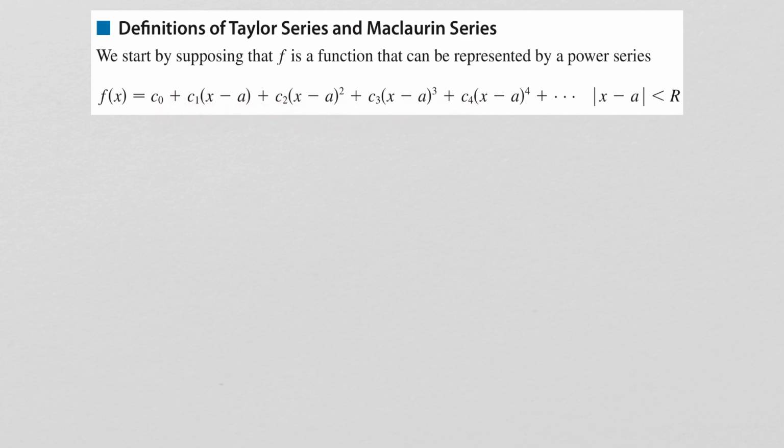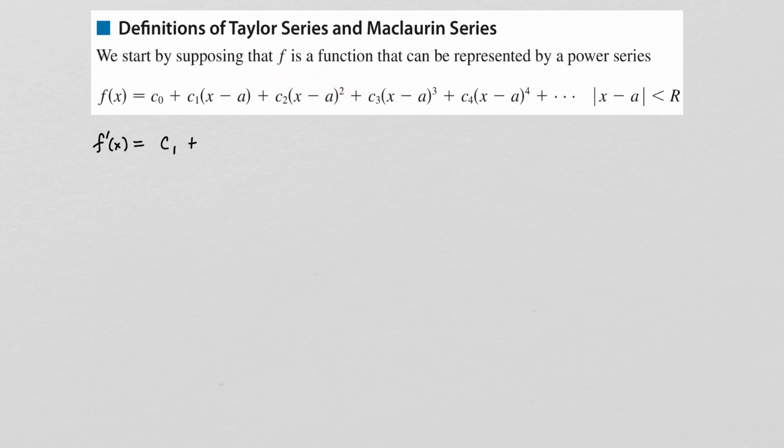Now, let's observe what the derivative of f is. When you take the derivative of the constant c0, you get 0. The derivative of c1 times x minus a is just c1, plus the derivative of c2 times x minus a to the second power.